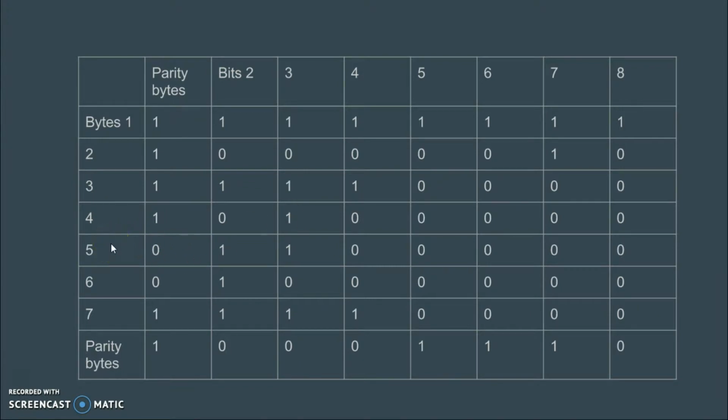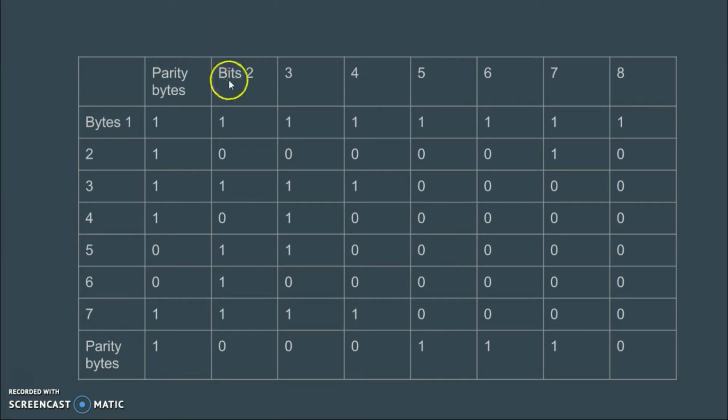And on the 5th byte there are 2, which is also even. And on byte 6 there is 1 one here, so it's wrong here, that's odd and it's incorrect. On byte 7 there are 4 ones, which is even, so that's correct.